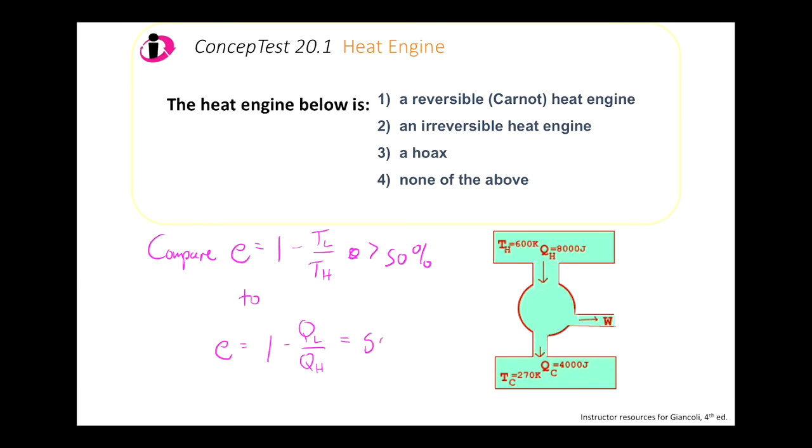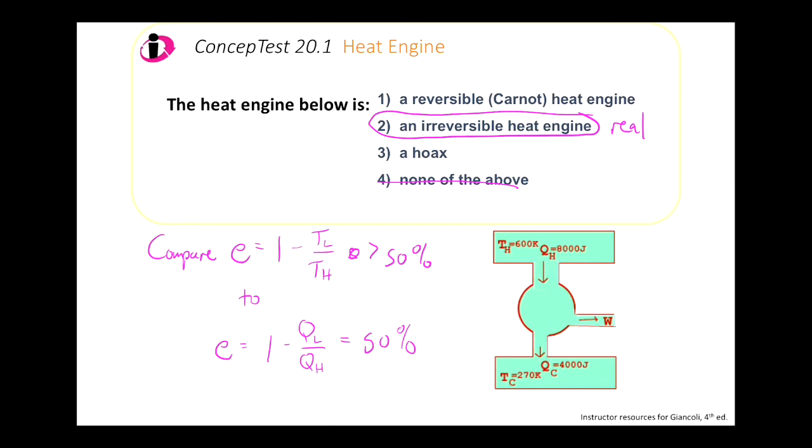Okay. Well, there we go. It looks like you're within the Carnot efficiency. So this is an engine that could actually exist. So it is an irreversible heat engine. It's something that's real. Okay? It's not none of the above. It's not a hoax.